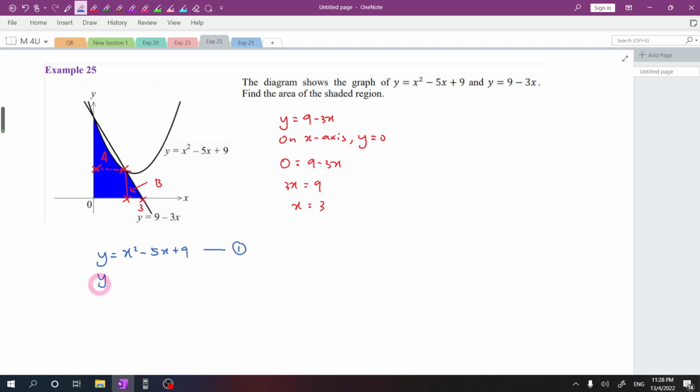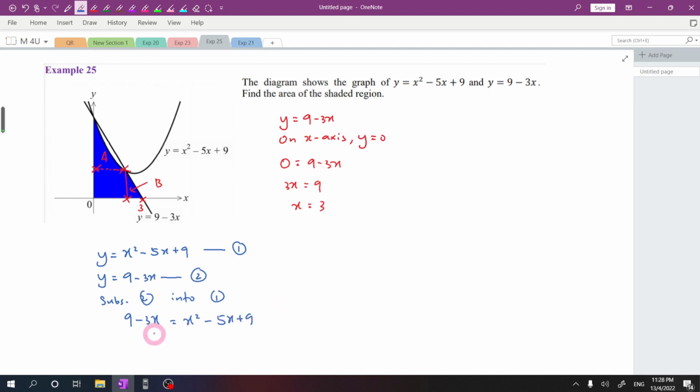Second, y is equal to 9 minus 3x. Substitute the second equation into the first equation. So here I'm going to change y to 9 minus 3x. 9 minus 3x is equal to x squared minus 5x plus 9.